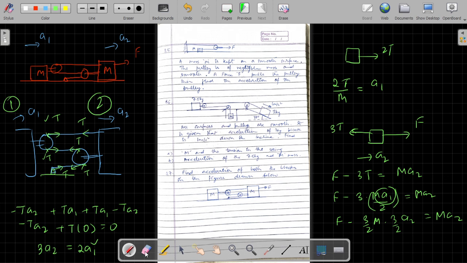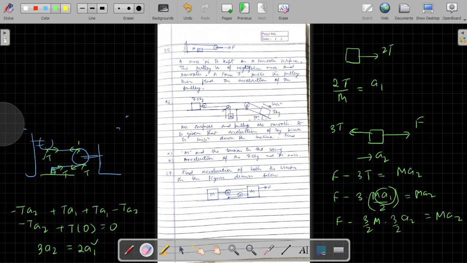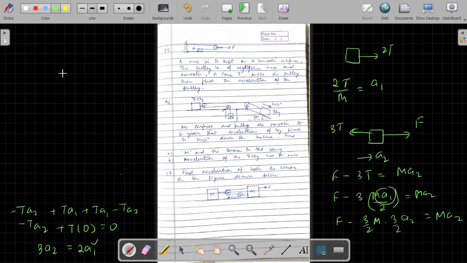So this should give us F is equal to 13 upon 4 M into A2, and this implies 4F divided by 13M is the acceleration of the block 2.